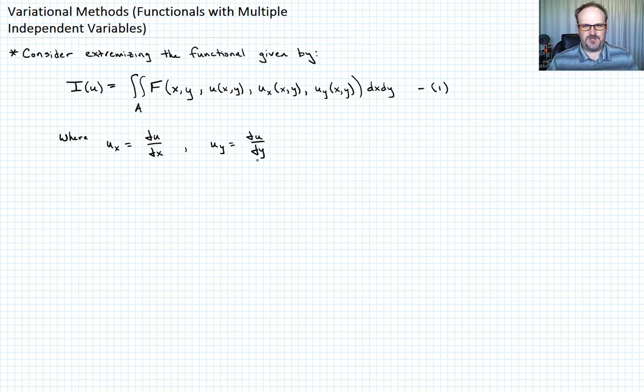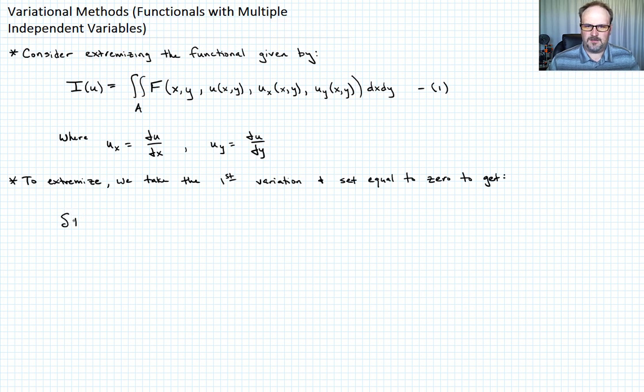So we already know how to extremize a functional. We're going to take the first variation and set it equal to 0. So we'll say delta I, the variation of I, is equal to 0. And what is that variation? Well, here's our integral over the area of partial f with respect to u, delta u, plus, so just like we couldn't have a variation on x, we can't have a variation on x or y, so that's why we start out with partial f with respect to u.